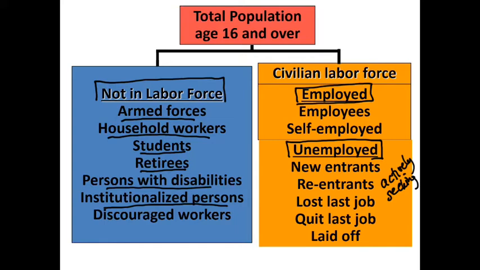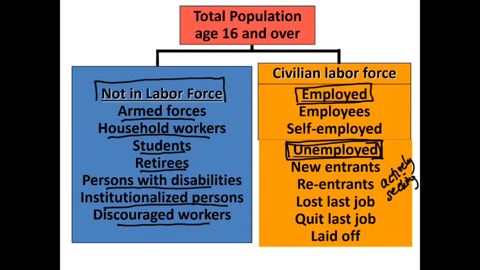Finally, discouraged workers. This is actually pretty important because remember, for the unemployed under the civilian labor force, the requirement is that the unemployed has to be actively looking for a job.